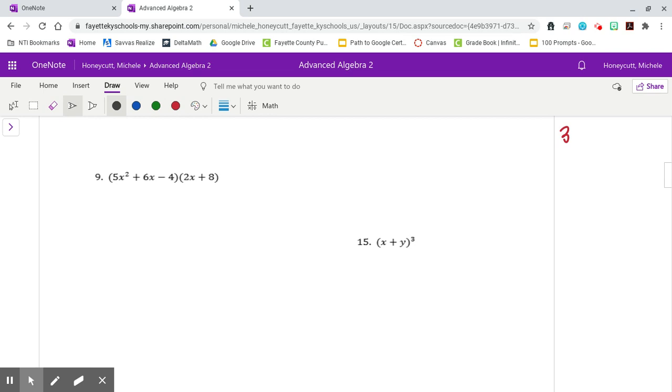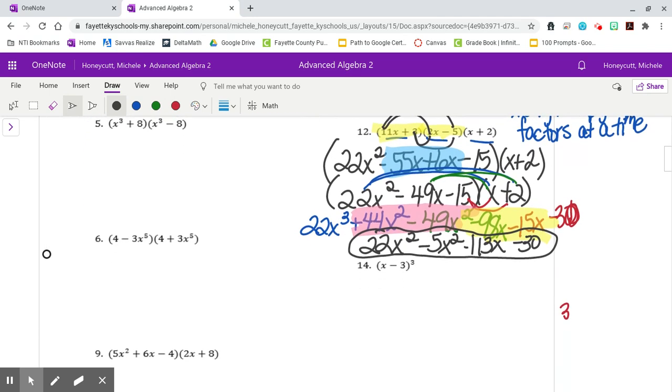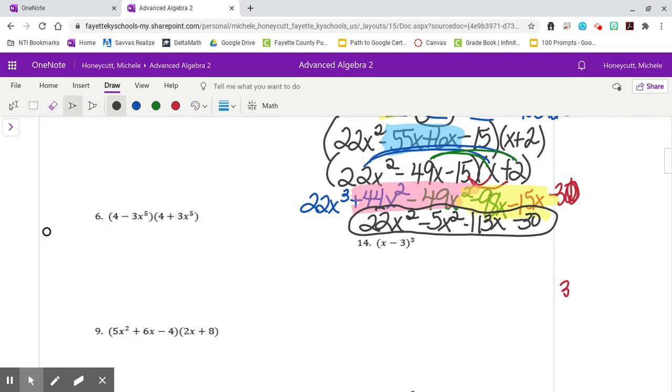Let's see. Any others that you need to be familiar with? You'll have some where you need to square the binomial. So I'm going to change number 14 from x minus 3 squared. Well, it says 14, but we'll just do another example. Let's make it more interesting.